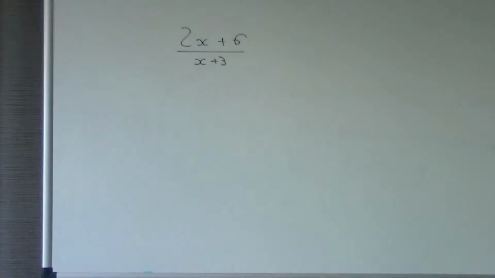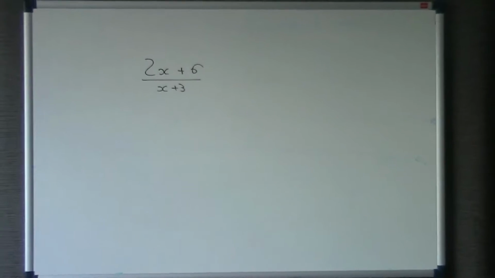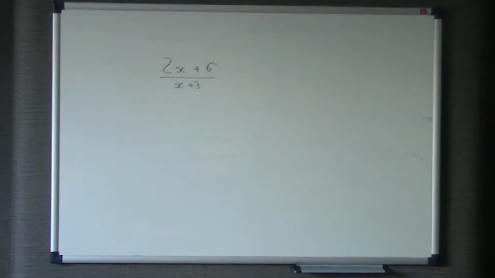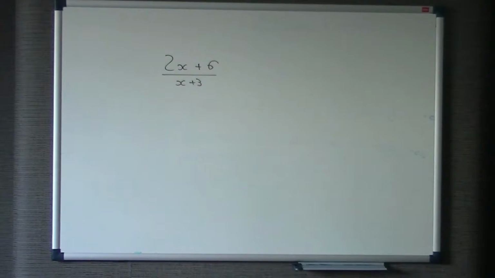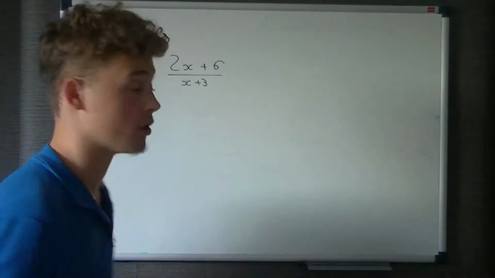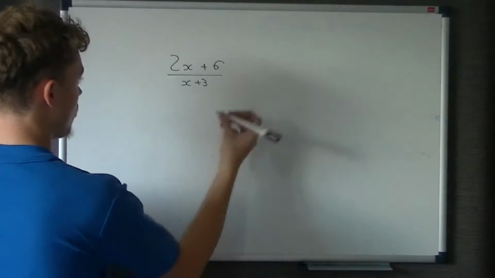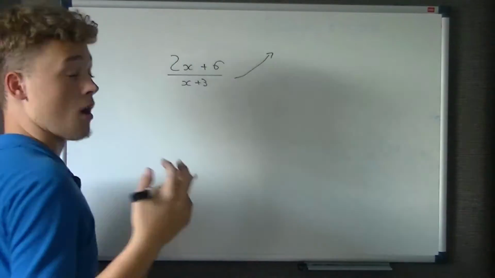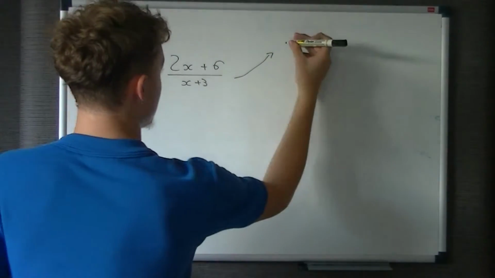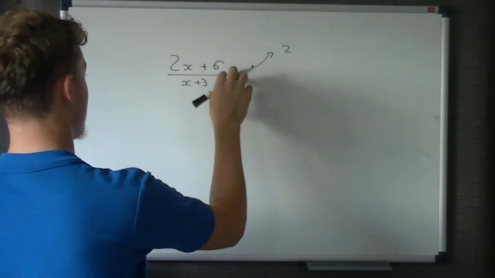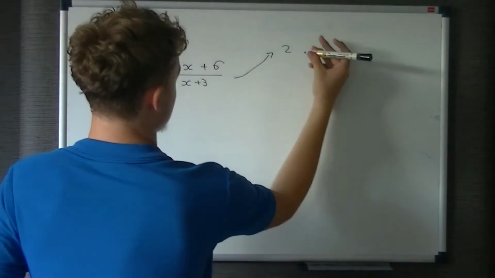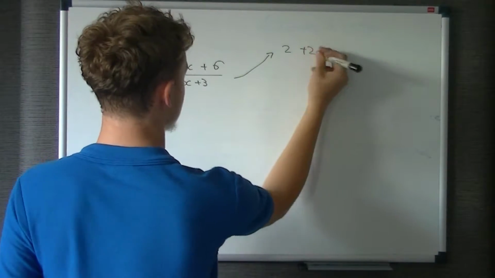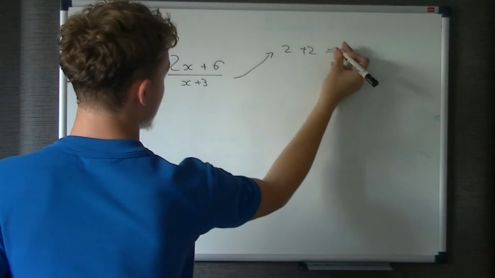This is why this is a little bit more complicated than it first seems. What the first person might do is see that equation and go, oh yes, 2x goes into x 2 times, so that's 2, and 6 goes into 3 2 times, so that's 2 plus 2, it's 4.